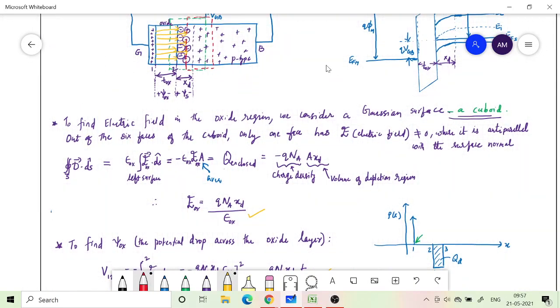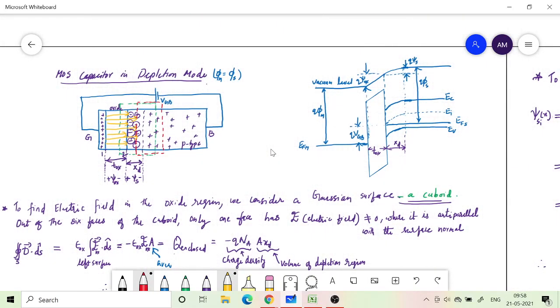If you go back to the energy band diagram, I said that there will be two drops. One is this drop, which is in the depletion region, the other is this drop. So there are two drops here. The drop inside the oxide region is called psi-ox.